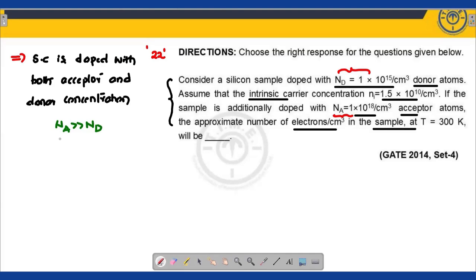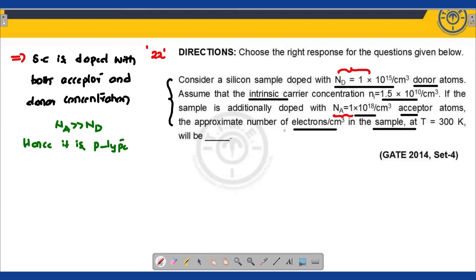Hence it is becoming a p-type semiconductor.